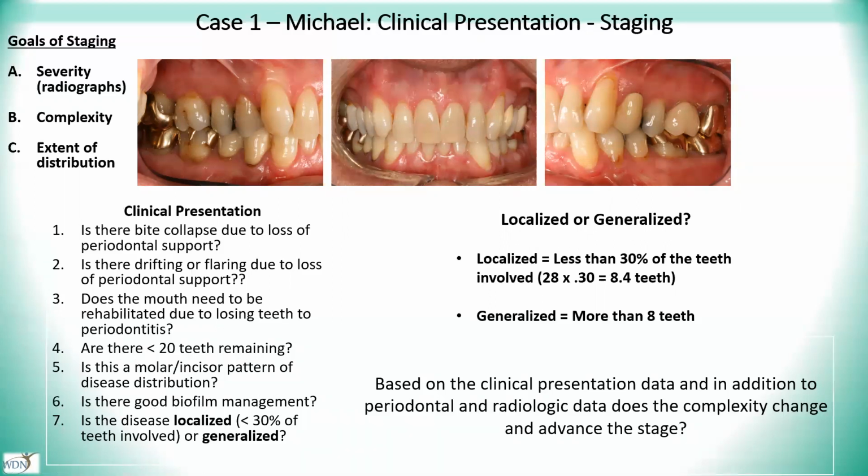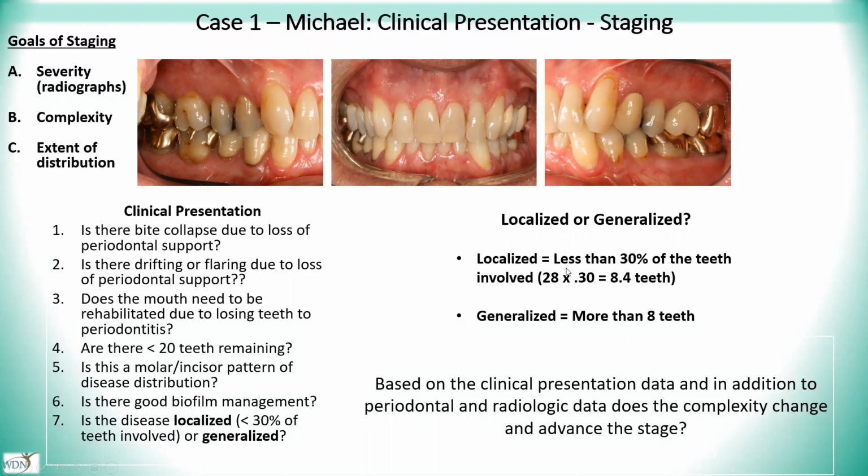And so what we have to decide is now we have to give this disease an extent classification: is it localized or generalized? And when you look at localized or generalized, we're talking about 30% of the teeth or more. Localized is less than 30% of the teeth.